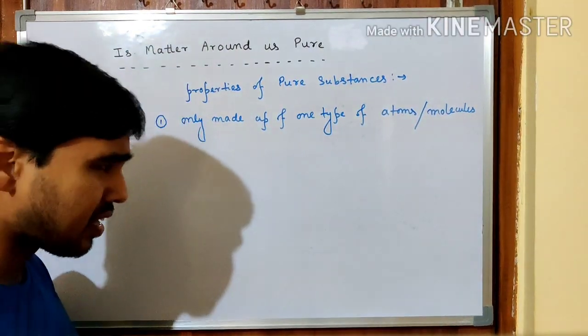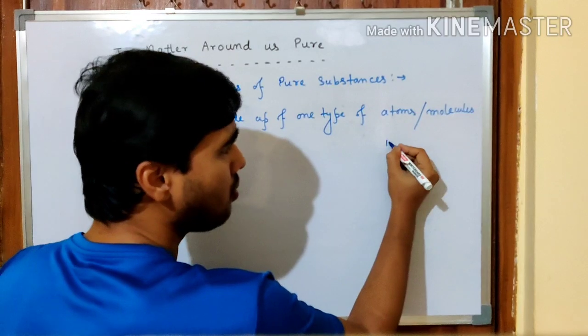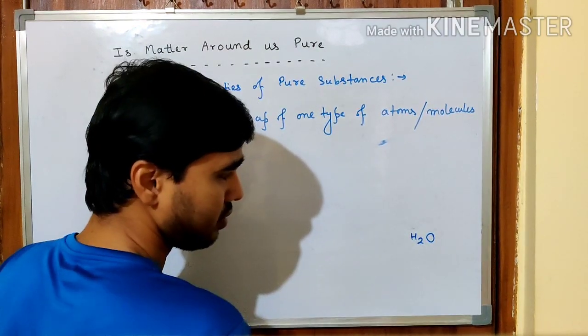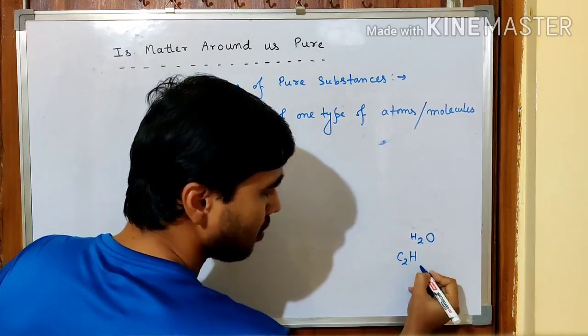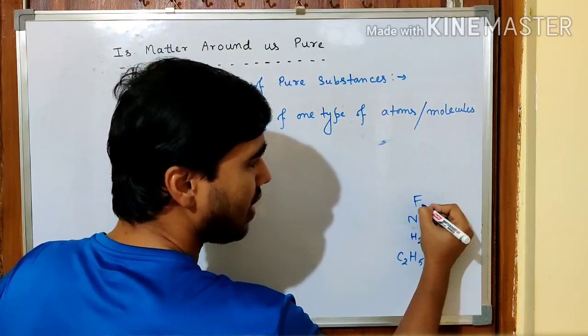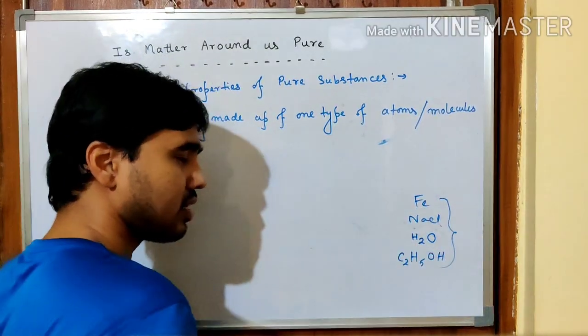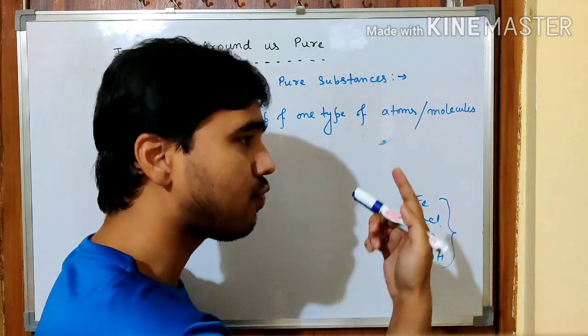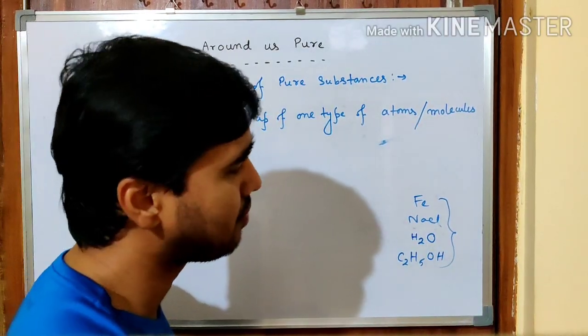For example, water, or ethanol, or sodium chloride, or iron. In all these cases, suppose we take sodium chloride. In sodium chloride, only the molecules of sodium chloride are present, nothing else.